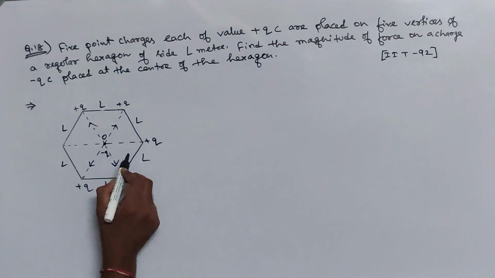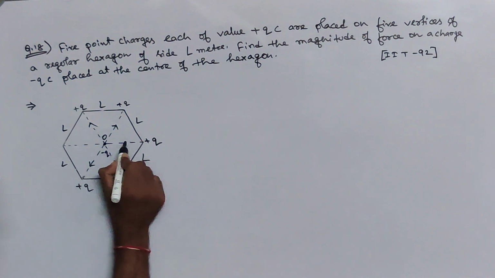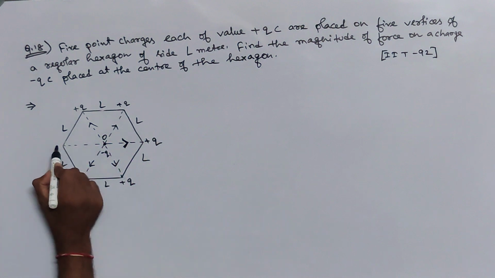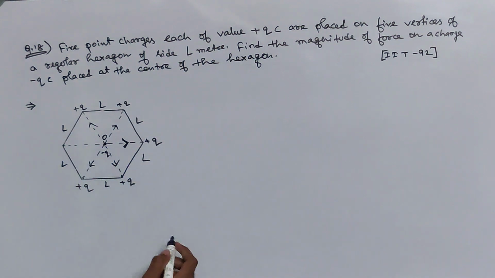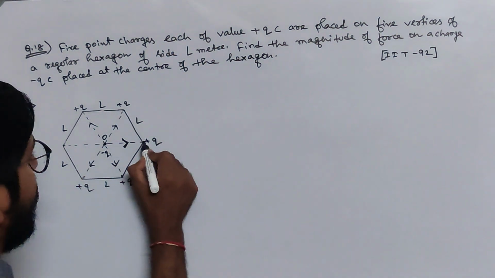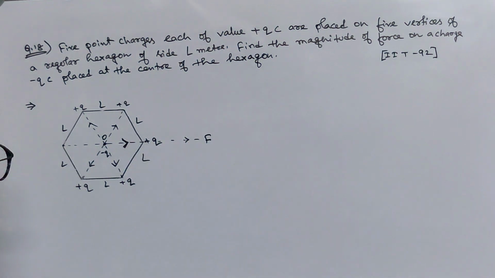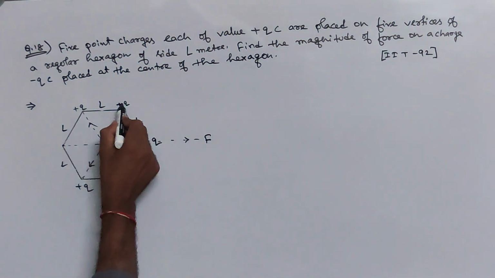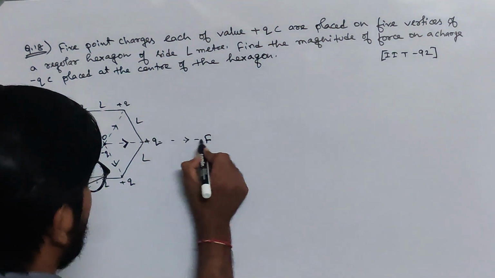But this plus q charge will attract this minus q charge along this direction, and this force is not cancelled because there is no charge in that position. So this minus q charge will experience only the force along this direction due to that plus q charge, and due to the other 4 plus q charges, the forces will be cancelled out.